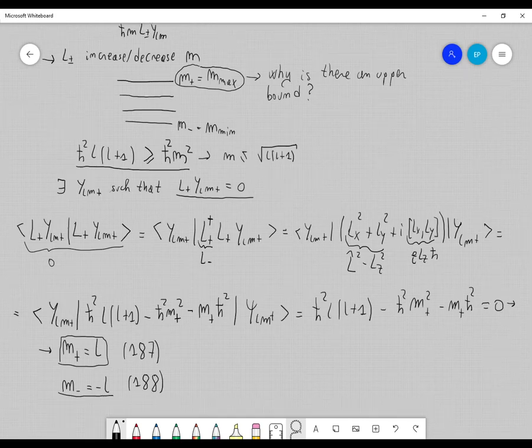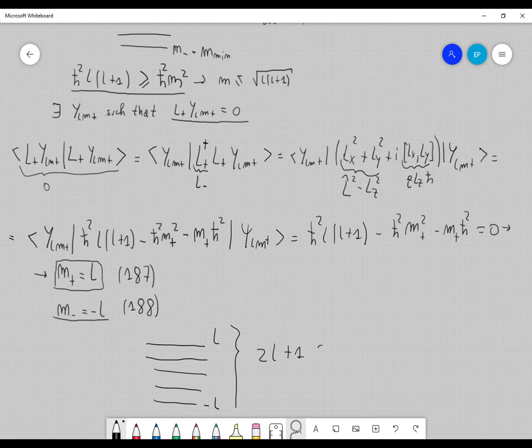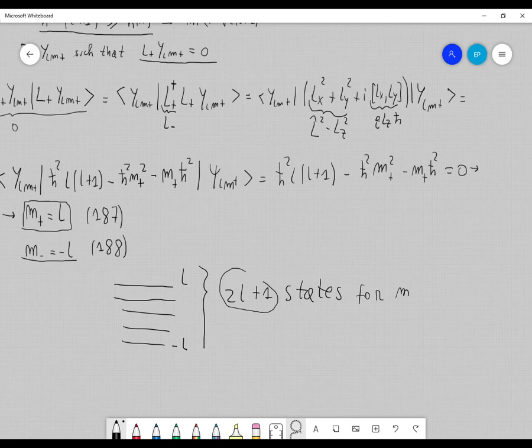Therefore, for the ladder of states for M, you have the maximum value, which is L, and then you have other possible values here, and then here you have minus L. And therefore, you will have 2L plus 1 states. For each L, you will have 2L plus 1 states for M. This quantity here in general should be an integer. But as you can see, it's an integer even if L is half integer.